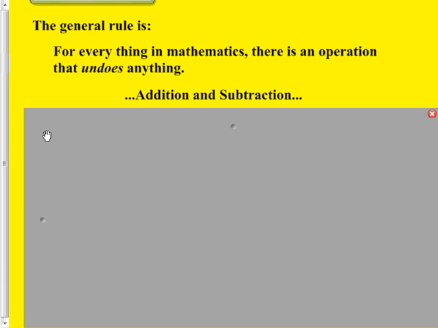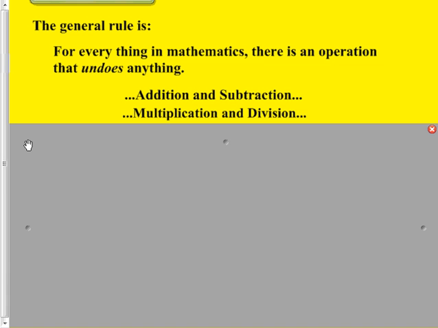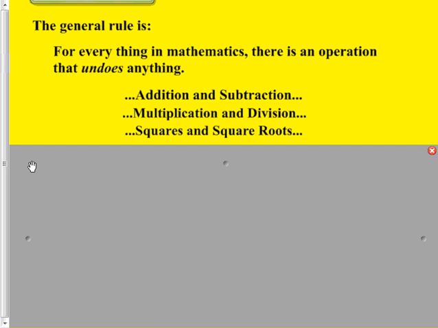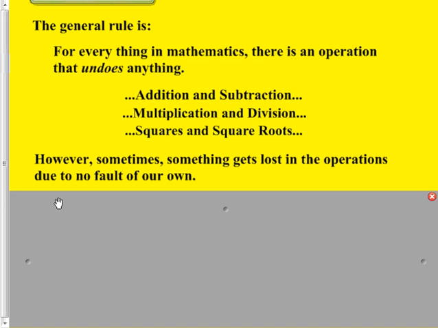Same rule is true with multiplication and division. If something were being divided on one side of the equal sign, we could always eliminate it and move it to the other side by multiplying, because those were opposite operations. And the same is largely true for things like squares and square roots. However, this is kind of step number one.